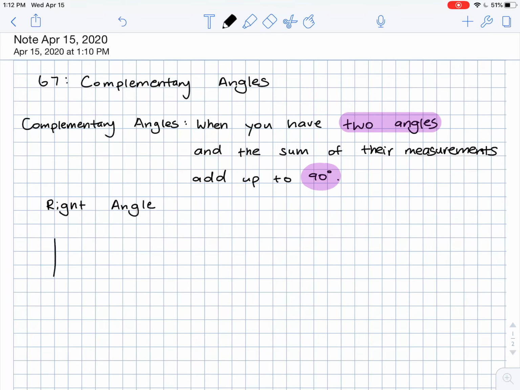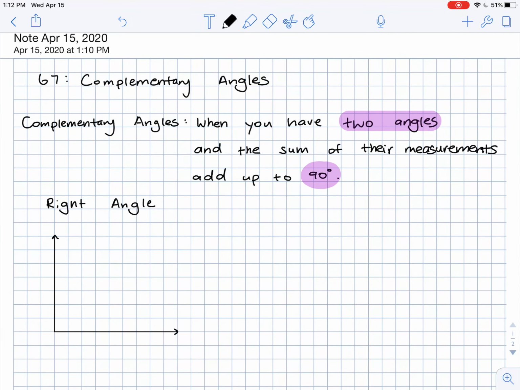So if we have a right angle, we give the notation that it is 90 degrees. And we mark it this way right here with the little box in the corner. Okay, so that little box tells us that this angle right here is 90 degrees.